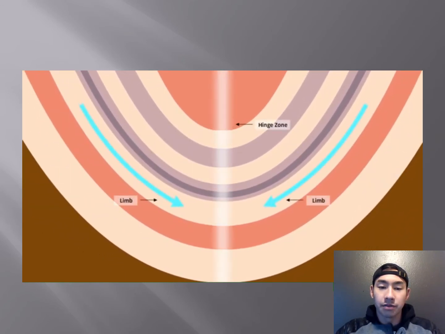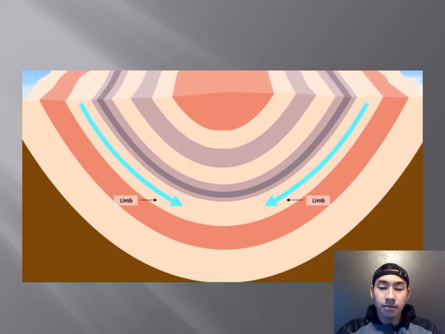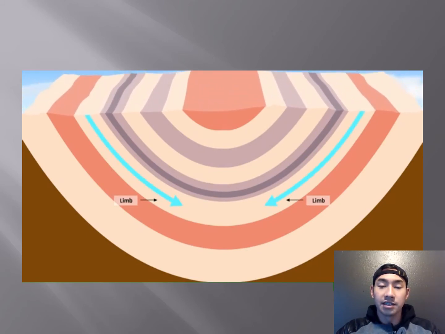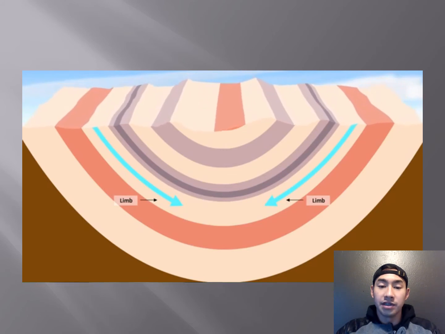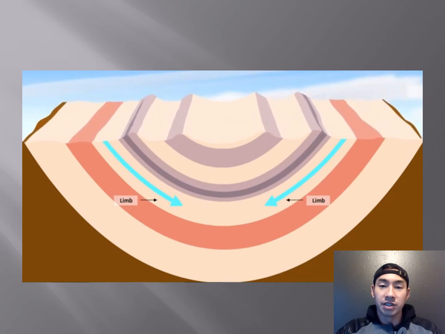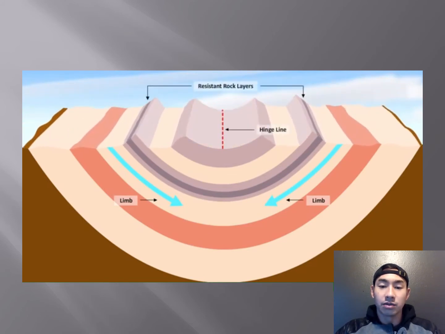This bends all the geologic materials together. And this is where we have our hinge zone, or the fold axis, and we have the two limbs of this syncline or synform. So recall that in a syncline, we have the oldest material towards the edges, and we have the youngest material towards the center of that fold axis.